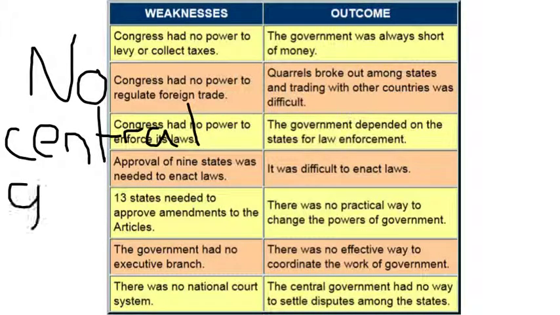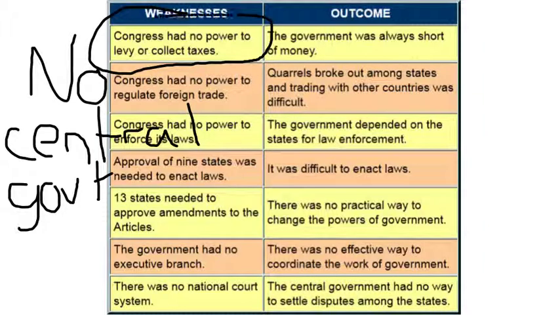States are all responsible for doing their own thing. So, some of the problems they have that we talked about, Congress has no power to collect taxes. Colonists and the new Americans are very big on that. We don't want to create a government that's going to tax us too heavily. We didn't like that when the king did it, so our new government, it's not going to be able to do that.